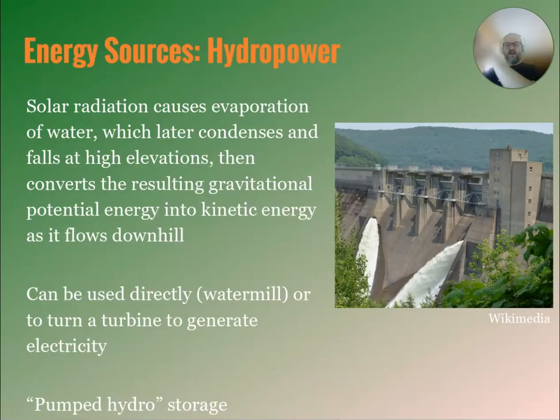Once that water has fallen back down to the surface, it then runs along the surface downhill until it reaches a body of water and eventually gets evaporated again. So the solar energy is driving that cycle of evaporation, precipitation, and runoff of water on the Earth. And so that solar energy essentially gets turned into gravitational potential energy when it moves that water up to the tops of the mountains.